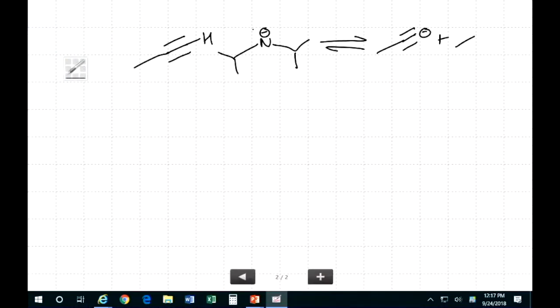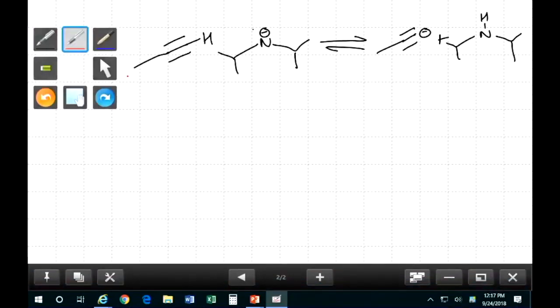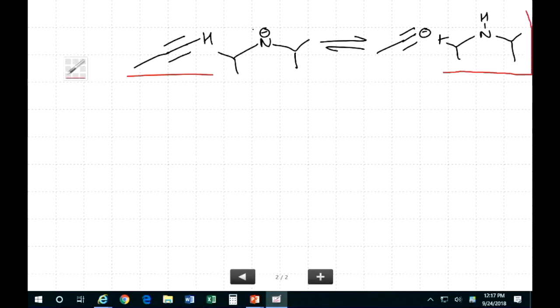If you want to know if that reaction can actually occur as written, you compare the two acids, and reactions always try to make the least acidic thing. So you look at this acid here and compare it to this acid here. The further to the right the acid is, the less acidic it is. So you want the more acidic acid on the starting material side, and the less acidic acid on the product side. So you want more acidic starting materials, less acidic products.